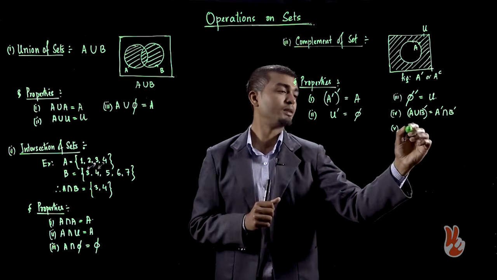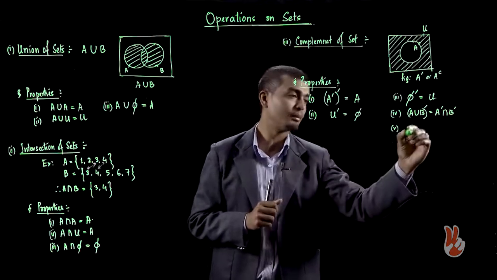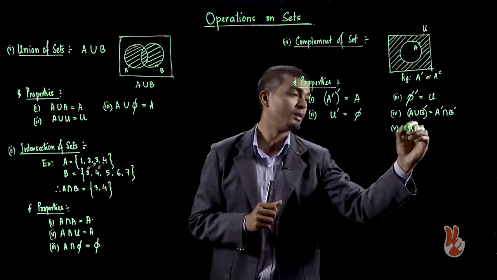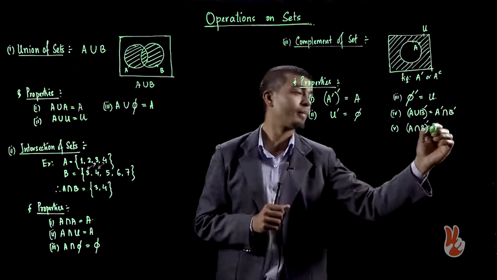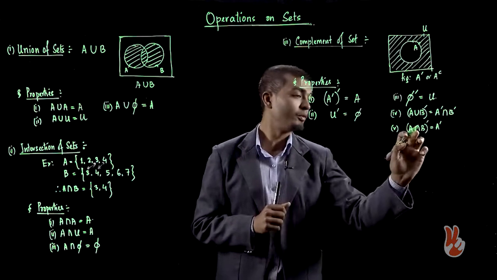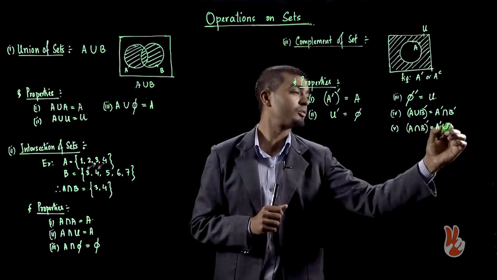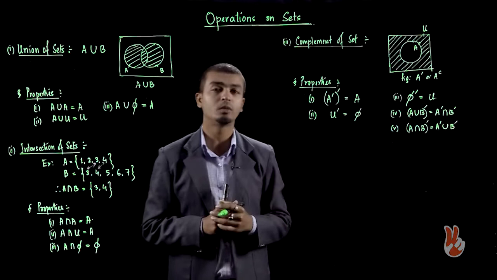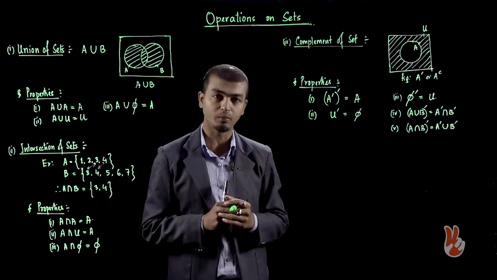Next property is, if instead of union I take the intersection, that means A intersection B whole complement, then the answer will be A complement, intersection will change to union, so the result will be A complement union B complement.